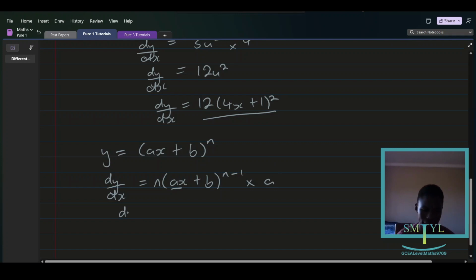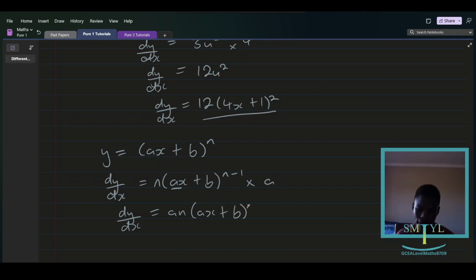And so we can say that dy/dx would be an(ax plus b) to the power n minus 1. And that's the formula you can use for the chain rule when inside the bracket you have ax plus b.